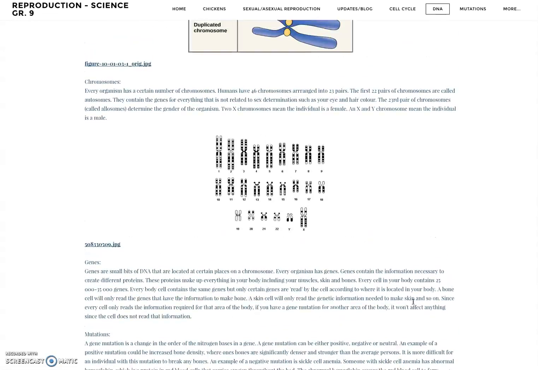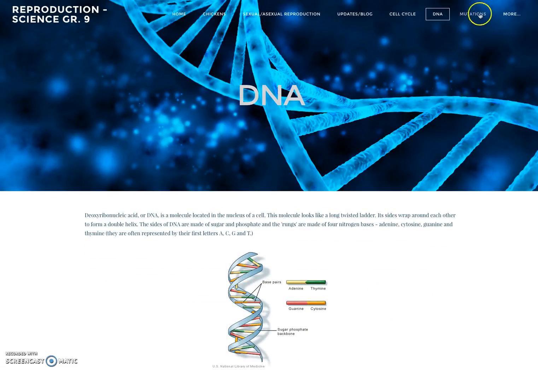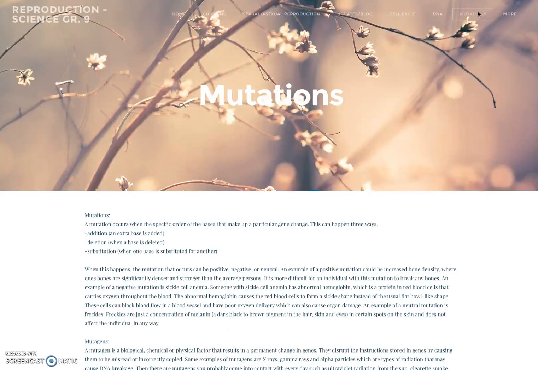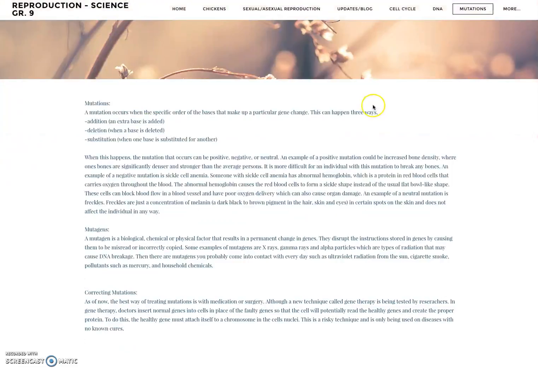And now we also have a separate page for mutations, which just goes into further detail and has some examples of gene mutations and talks about the addition, deletion, and substitution, which affects the genes.